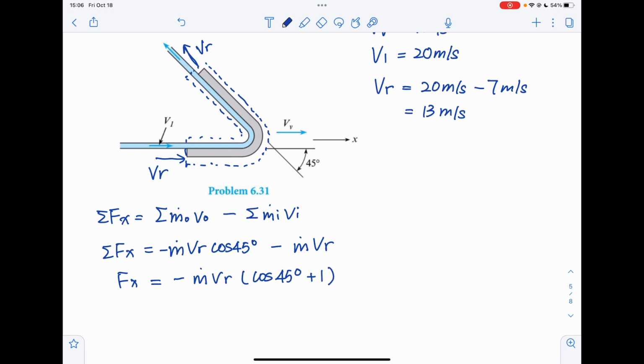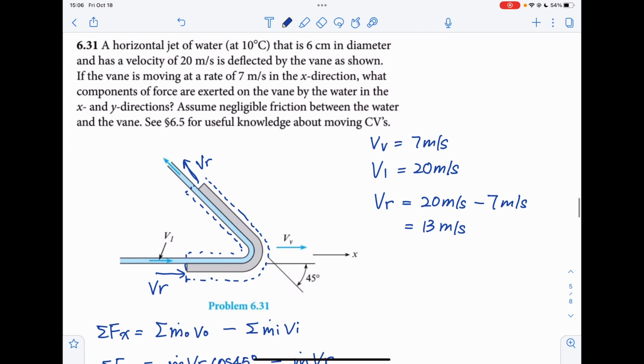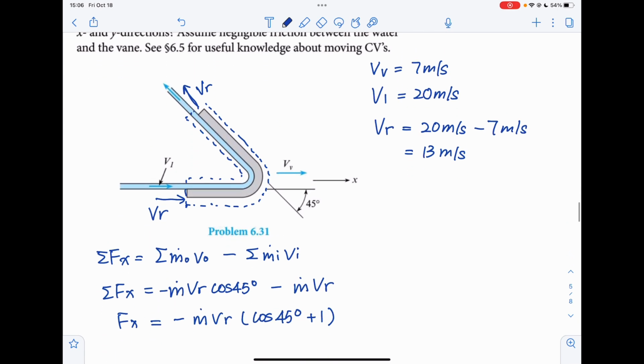Okay, so now we need to find the m dot. The m dot equals rho A V, which for water is 1000 kilograms per cubic meter times the area.